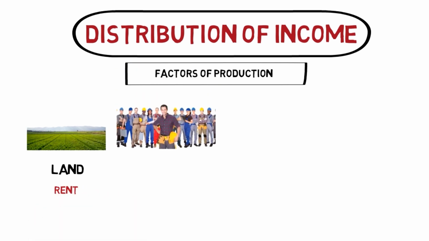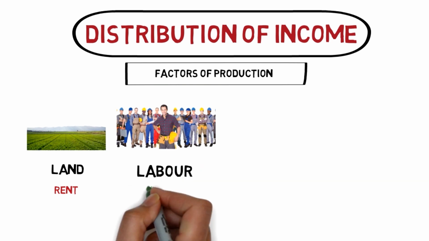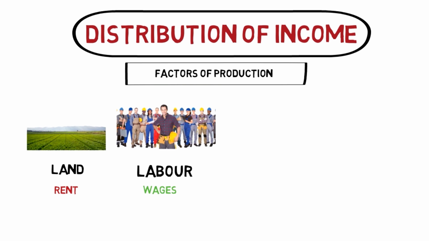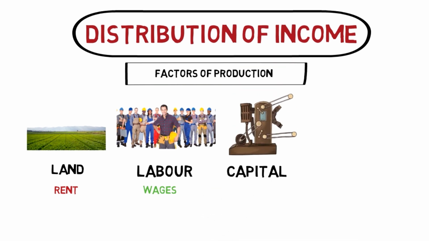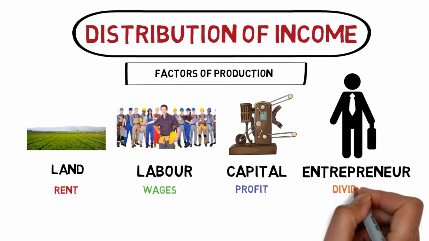The second factor is labor, who will get wages as their income. The third factor is capital, which will get profit as its income. The last factor of production is the entrepreneur, who will get dividend as an income.